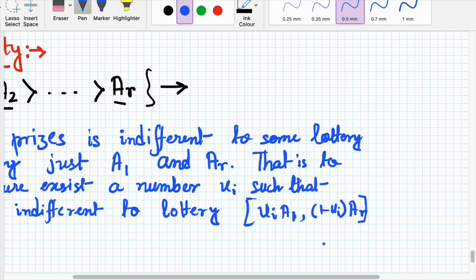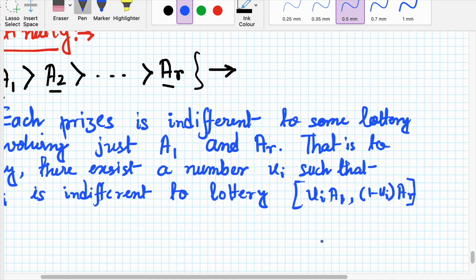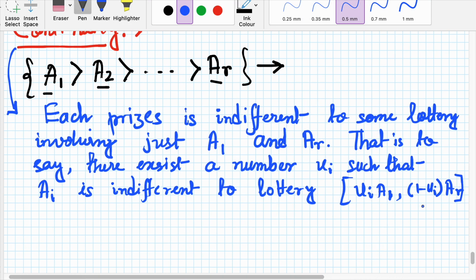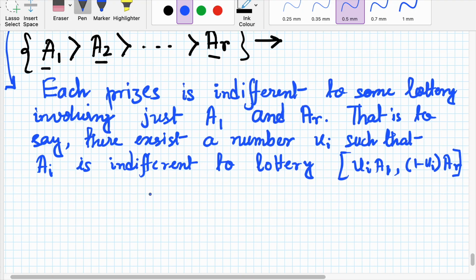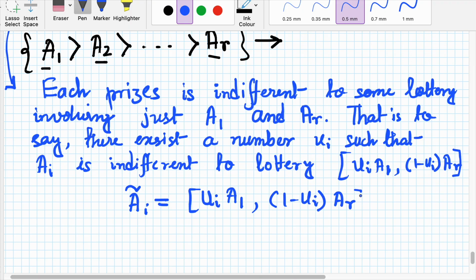So this is called the continuity principle. We can write that AI tilde is a lottery in which with UI probability I will get the prize A1, and with 1 minus UI probability I will get the prize AR.